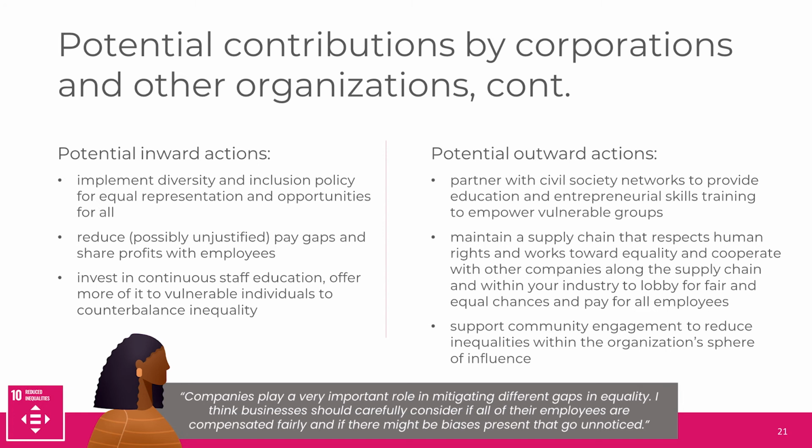An outward action could be to partner with civil society networks to provide education and entrepreneurial skills training to empower vulnerable groups, or to cooperate with other companies along the supply chain and within the industry to lobby for fair and equal chances and pay for all employees and people involved in that supply chain. Or to support community engagement to reduce inequalities within the organization's sphere of influence.